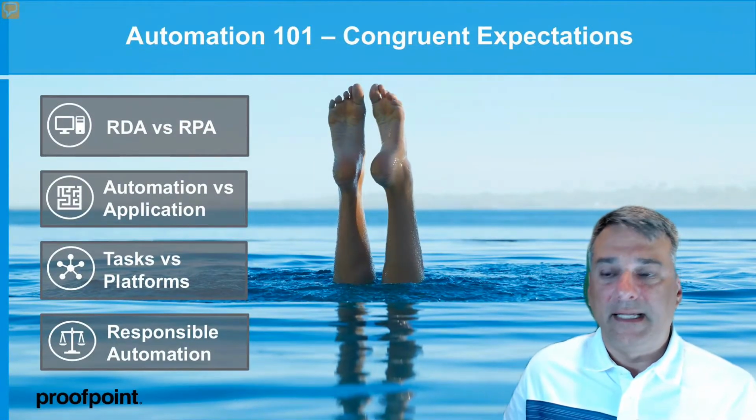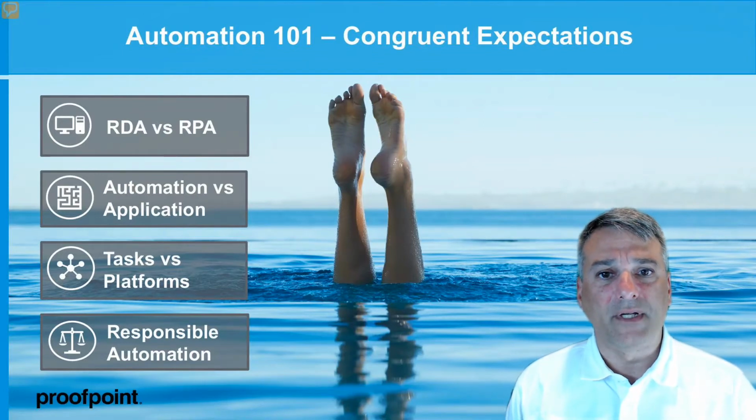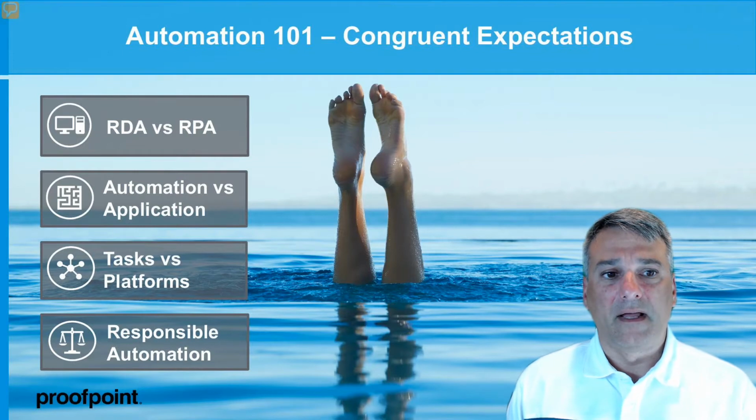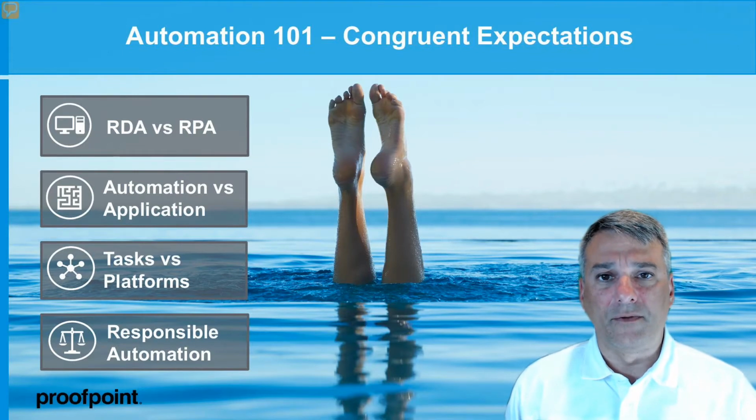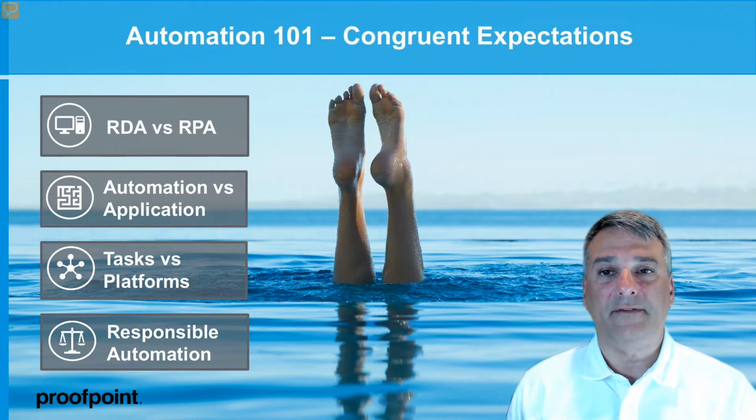First thing we need to do is set the bar, have a common understanding of some terms in automation. There are two types of automations, remote desktop automation and robotic process automation. These are very different.